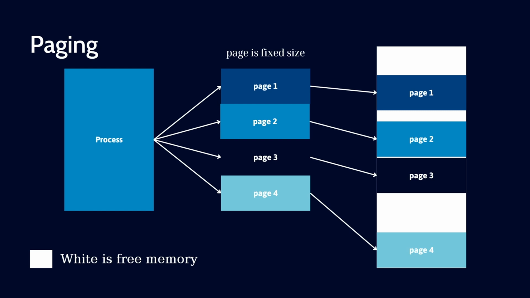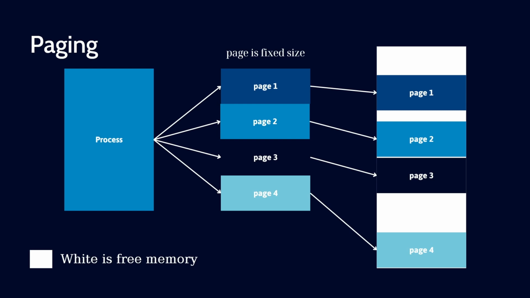Benefits of paging. Eliminates external fragmentation. Since pages can be allocated anywhere in physical memory, the problem of contiguous memory allocation is mitigated. Efficient memory use. Allows processes to use physical memory more flexibly by filling gaps in memory with pages.